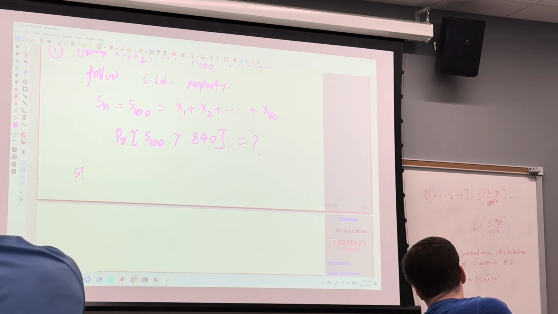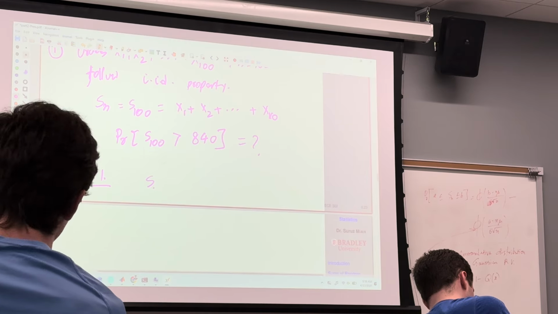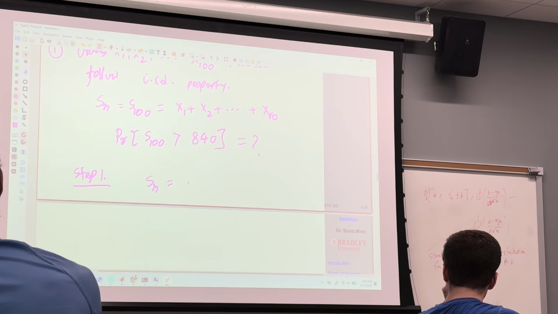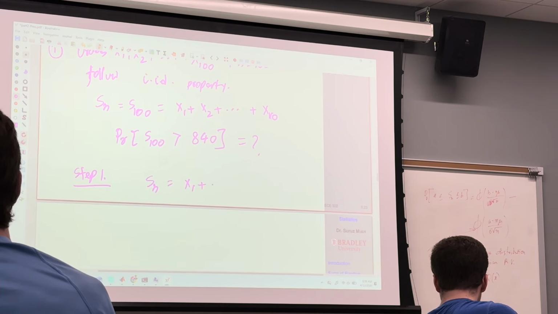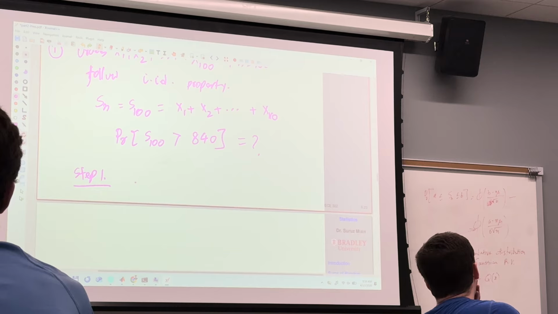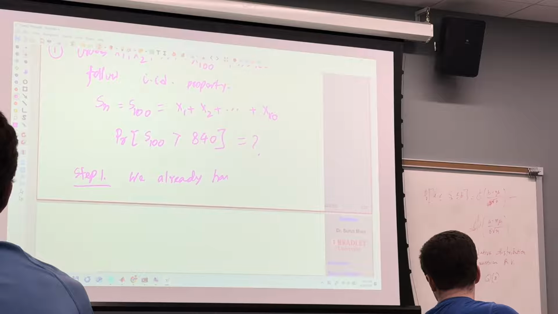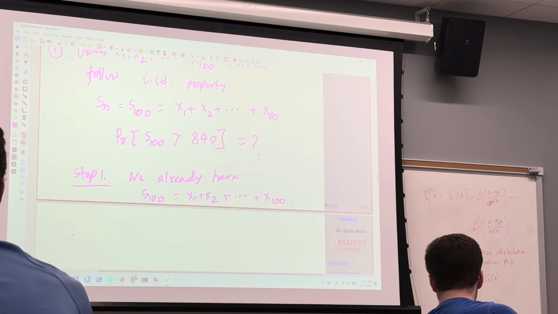Step 1: we already have S100 equals x1 plus x2 plus dotted plus x100.